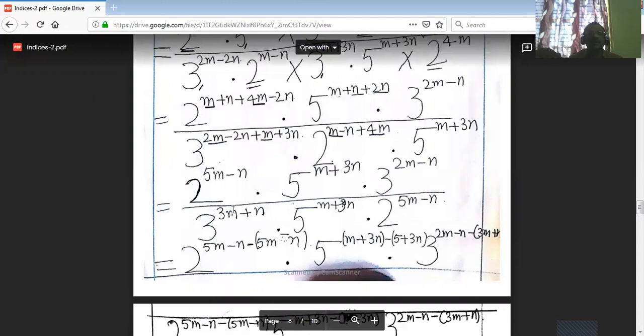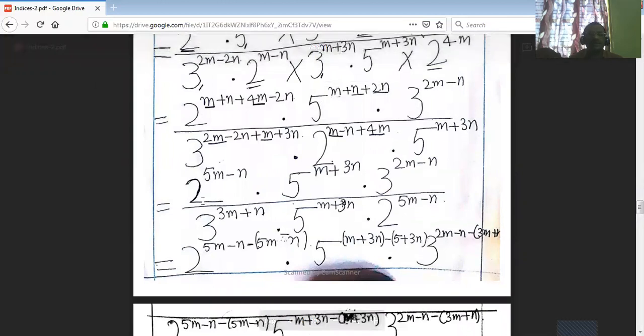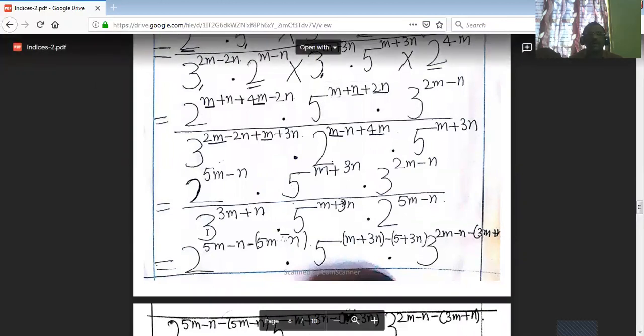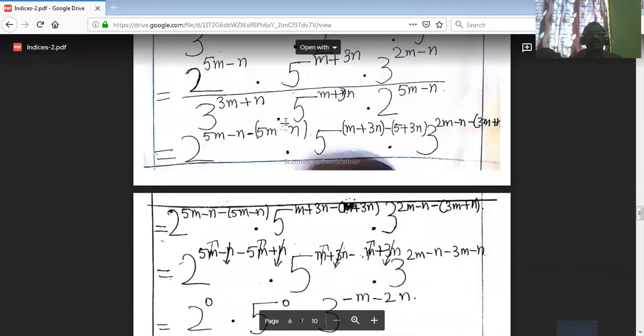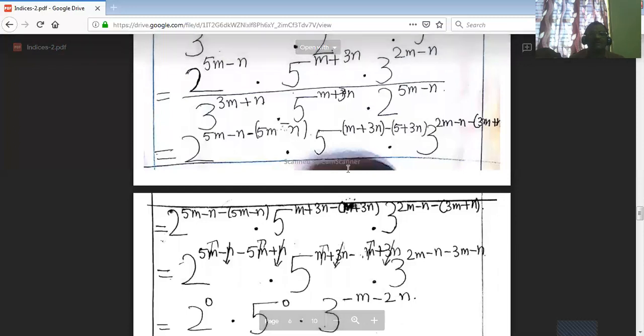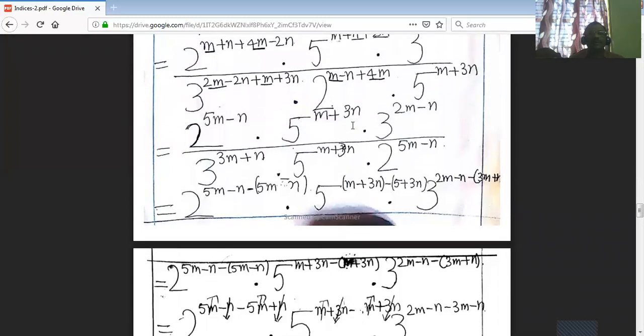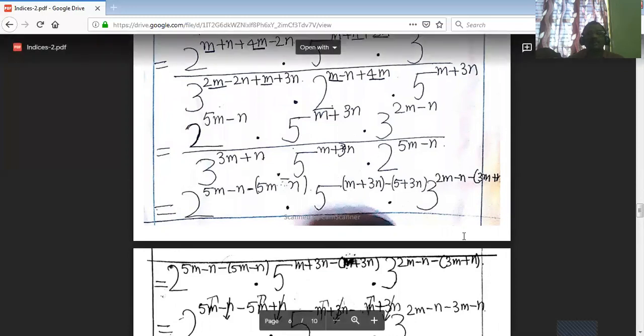If you look at this, we have the bases as 2, 5, 3. Now 2 to the power of 5m minus n here, and we can take it to the numerator, that becomes minus of 5m minus n. Now 5 to the power of m plus 3n and minus m plus 3n.